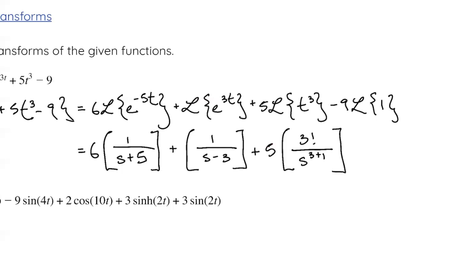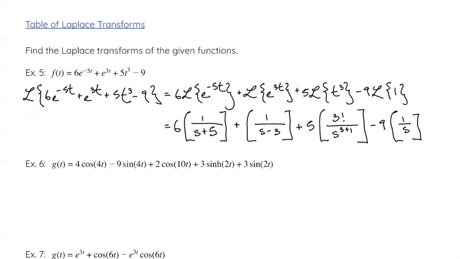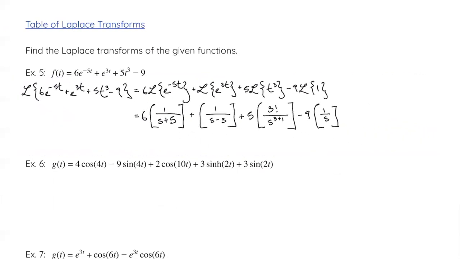Minus 9 times the Laplace transform of 1, which is 1 over s. Okay, so it's not a terribly complicated technique. We're literally using the table and rewriting it.